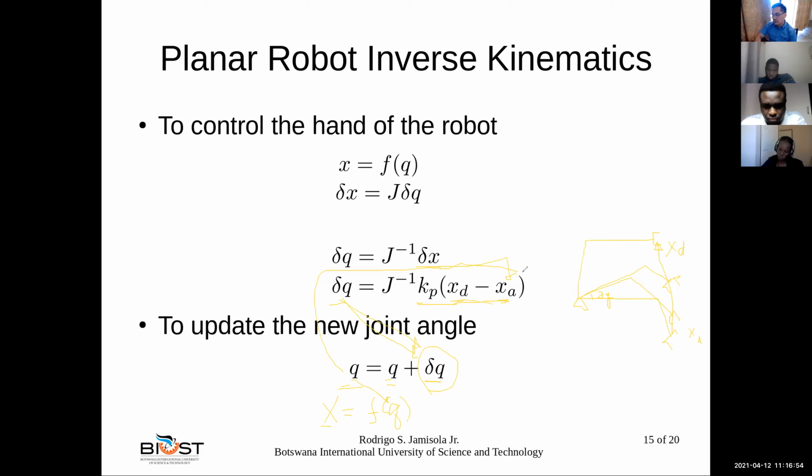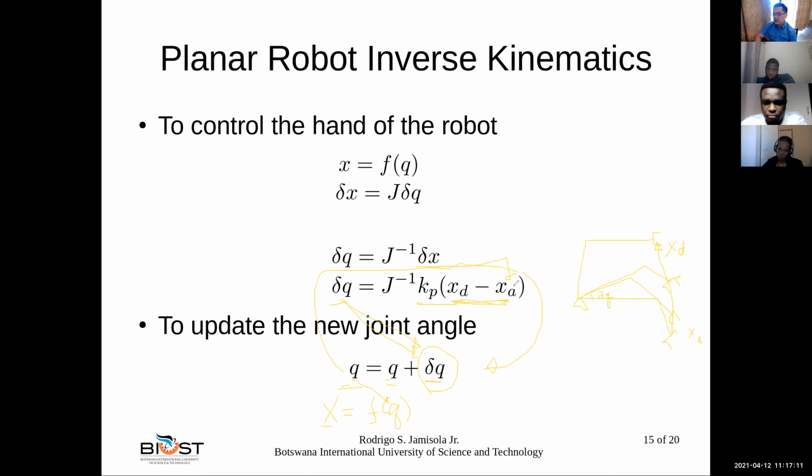You have to continue this cycle of computation until the error between X desired and X actual is small, or in some cases until you reach the maximum number of iterations.